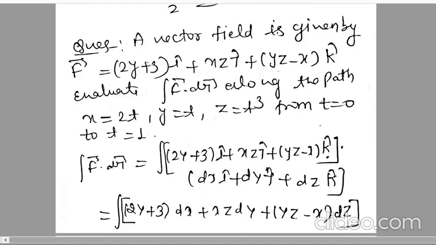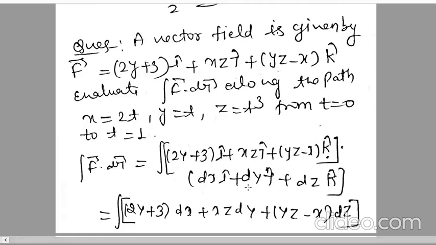So you can see that f vector is given here, and we need to calculate our line integral. We know that our line integral formula is f vector dot dr vector. First, r vector is equal to xi plus yj plus zk, if i, j, k three directions are given.